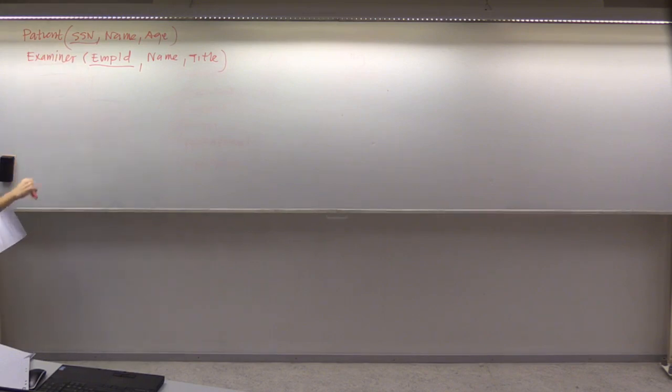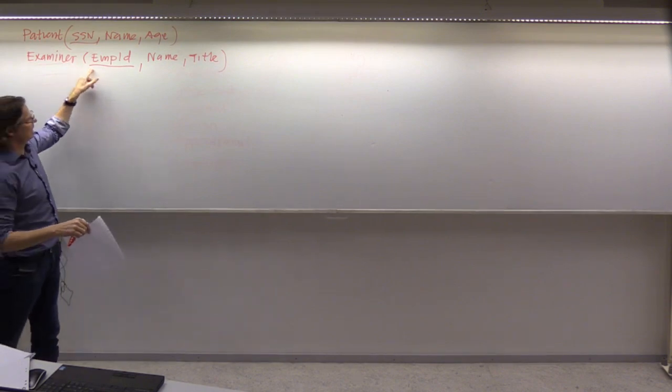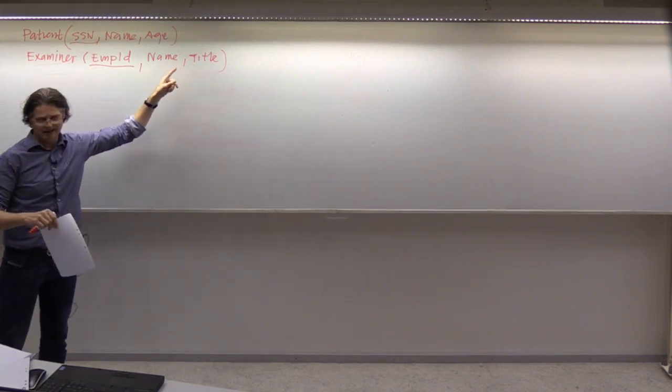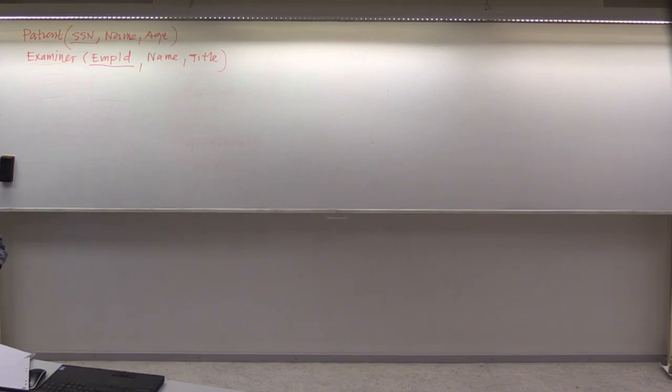And the examiner table did set the employee ID as its primary key, and I added name and title. And now you might argue that, okay, should this table be named examiner? Shouldn't it be employee? Oh yeah, if you want to.